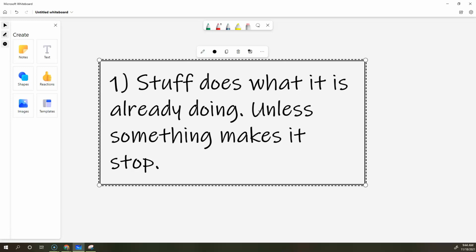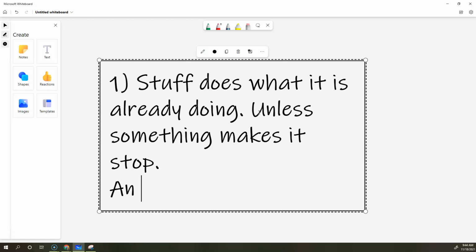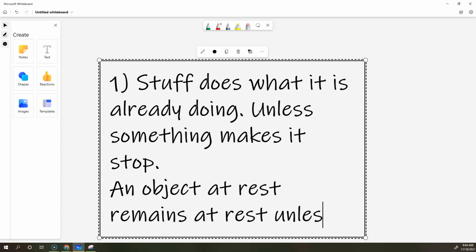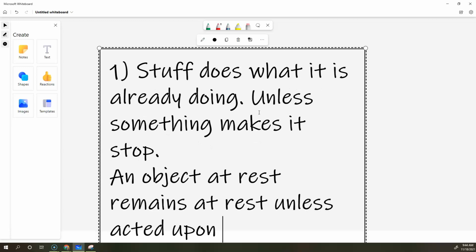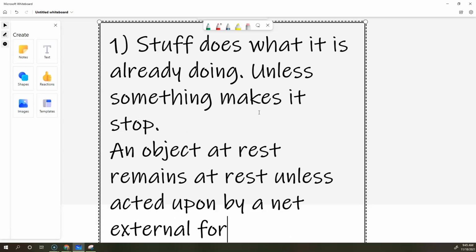Okay, how is this really written out as a law? An object at rest remains at rest unless acted upon by a net external force. An object at rest remains at rest.